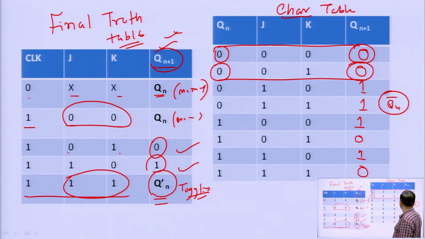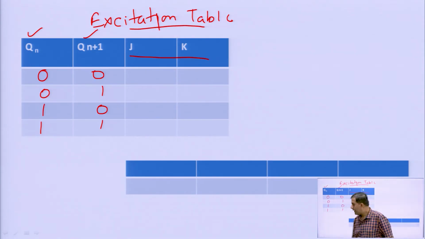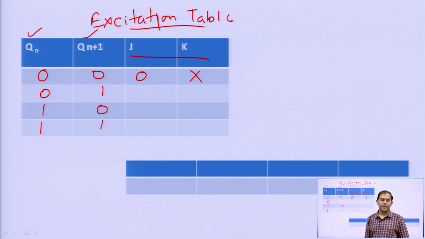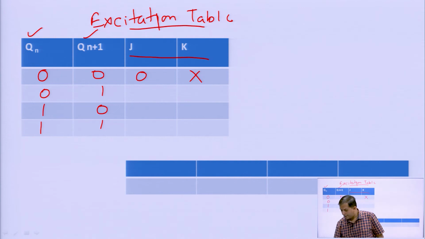J is 0 in both the cases, but K is 0 the first time and 1 the second time. So, J is 0 for both the conditions, but K is not static, so it will be a cross, like that.